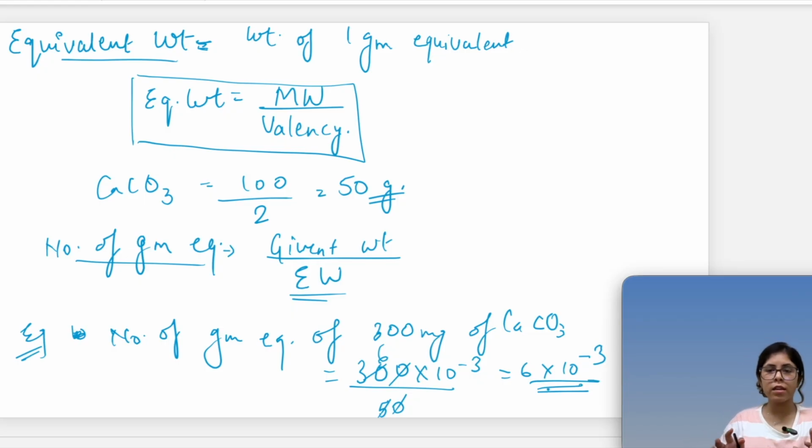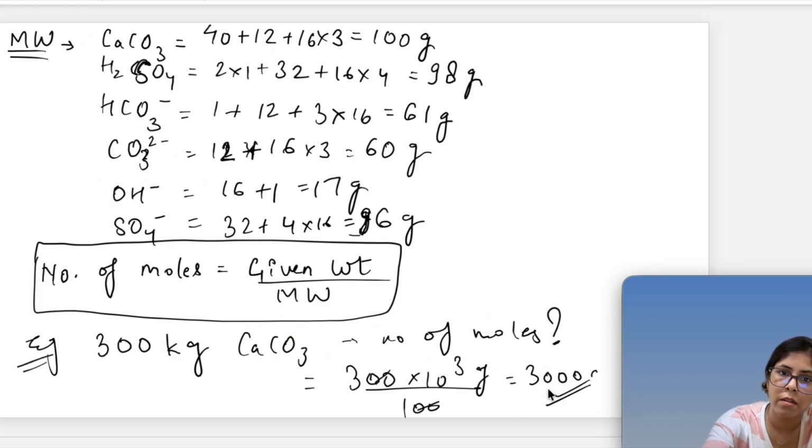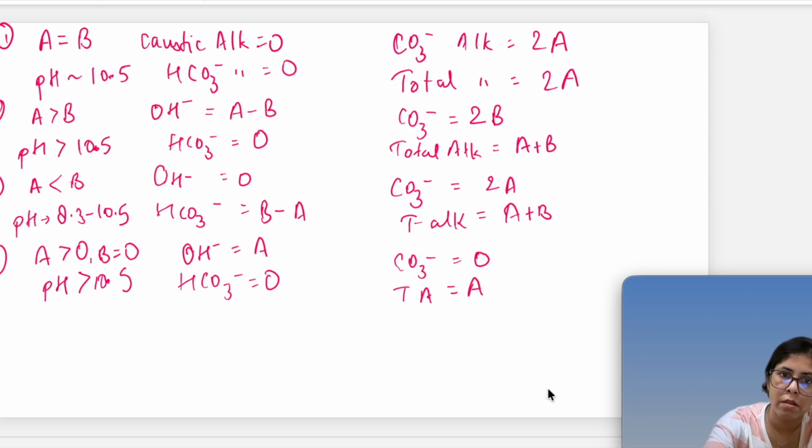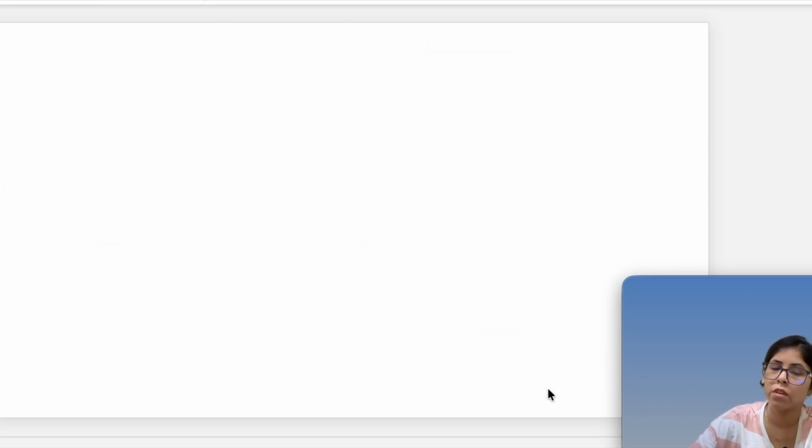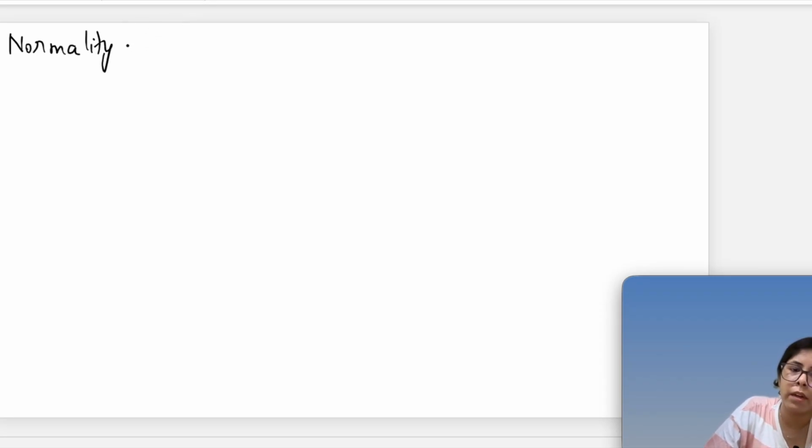These are the different terms that come into the picture when we are doing the numericals for alkalinity, and even for hardness. Now, there are some more basic terms. One of the basic terms is normality. What is normality?